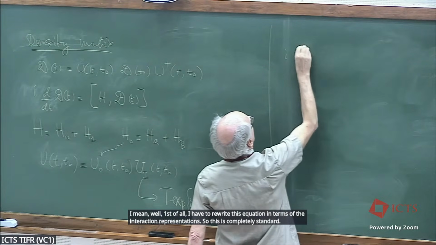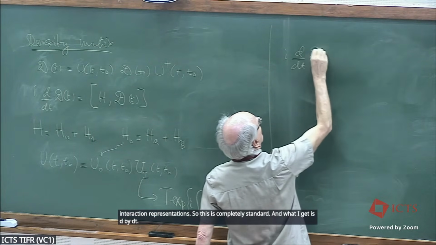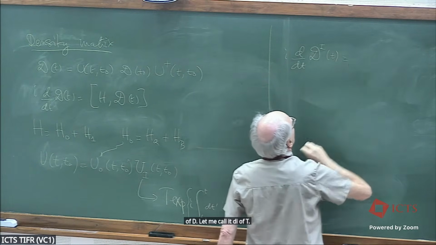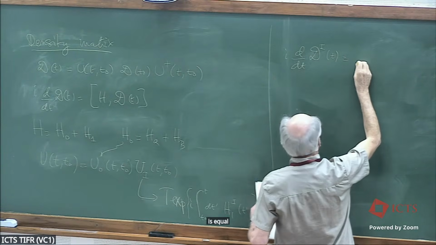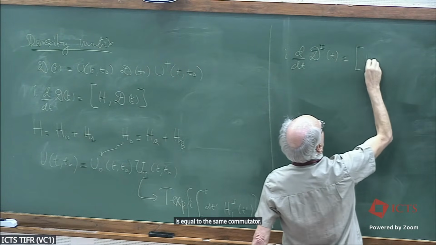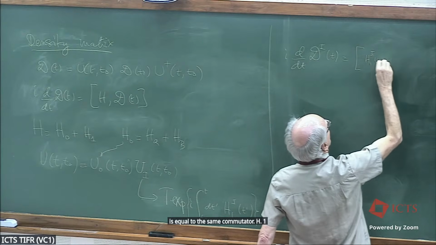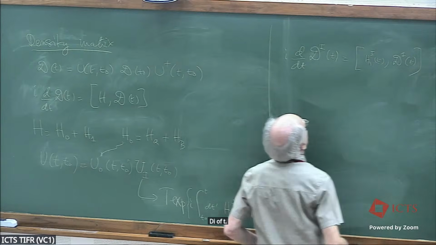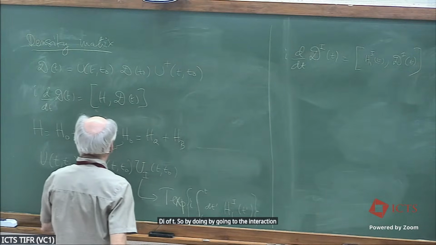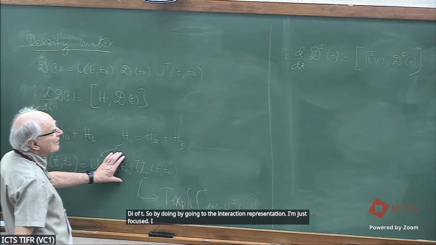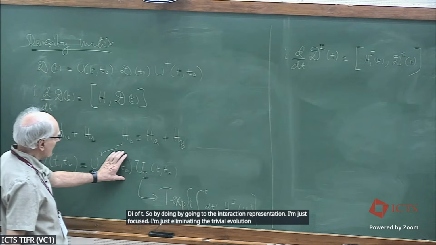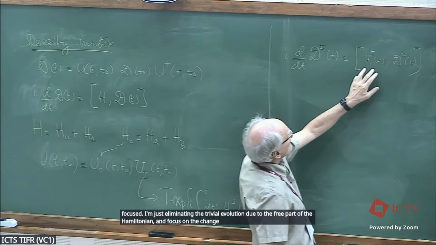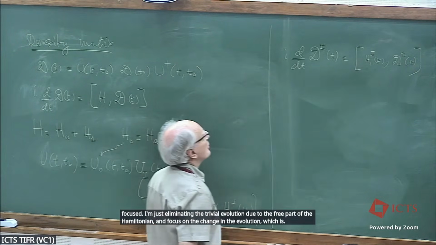What I get is d by dt of D, let me call it D_I(t), is equal to the same commutator, H1_I(t) with D_I(t). So by going to the interaction representation, I'm just eliminating the trivial evolution due to the free part of the Hamiltonian and focusing on the change in the evolution, which is carried by H1.